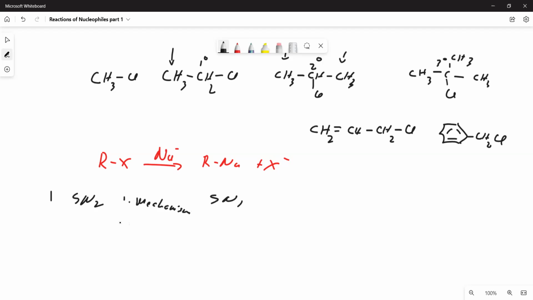We can also assess their activity in terms of kinetics, and the orientation of the attack. We call that stereochemistry.